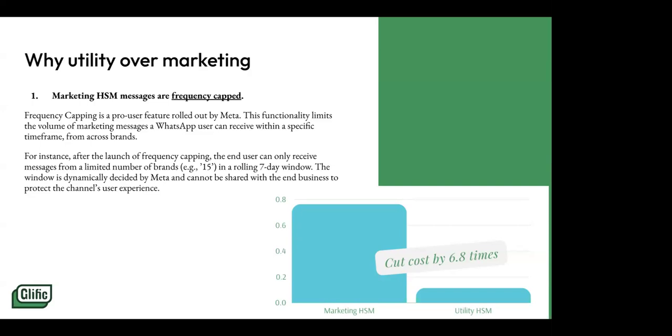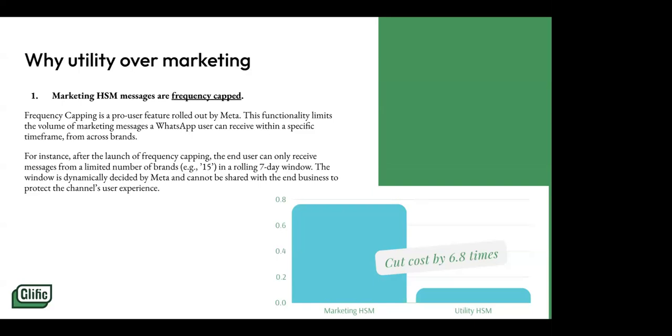There could be multiple segments within which the limits are different. But the main thing for us to know is that if you're using marketing HSM templates, we as NGOs who have to reach our beneficiaries have to make sure they get the messages. We have to try our best to make the templates utility messages, because only then is it guaranteed that 100% of the people will get the message.